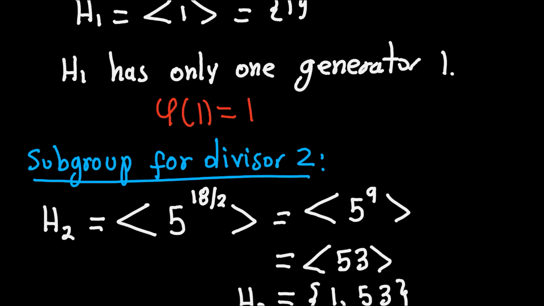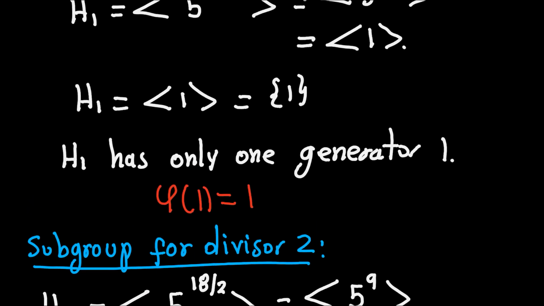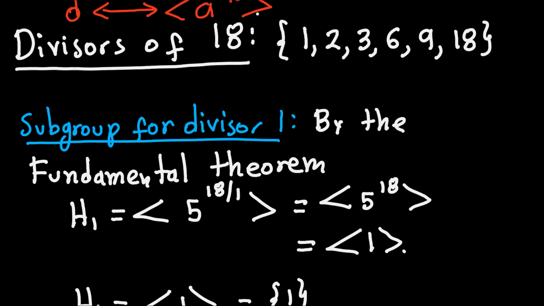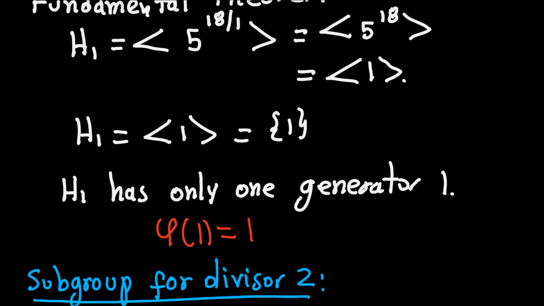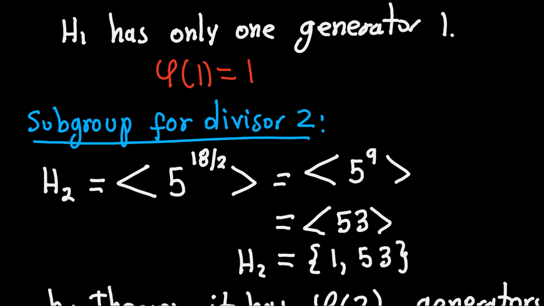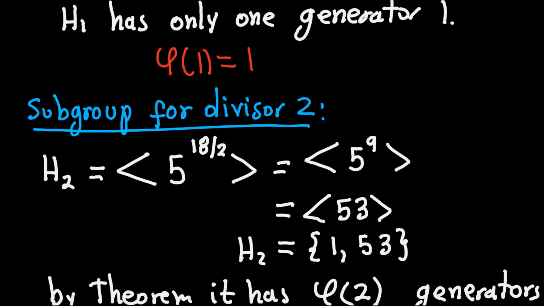Okay, so 2 is another divisor, because I'm looking at this list right here, and we're going to go through all of those numbers. So for the divisor 2, the subgroup I'm going to call H2 is going to be 5, the generator of the group, to the 18 divided by the divisor 2. So that's 5 to the 9th power.